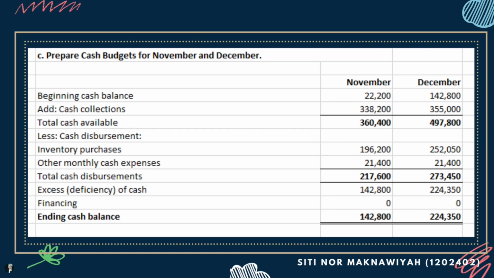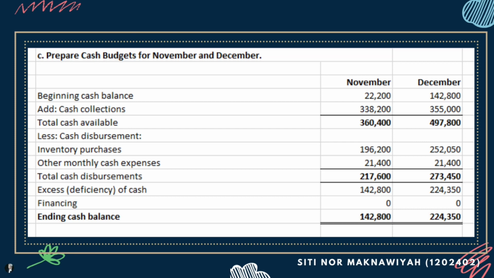Okay, next for December, we can drag the ending cash balance for November to the beginning cash balance for December, which is 142,800 ringgit. And then add cash collection, which we can get from the question. If we add those amounts, we get the total cash available for December. Then the next step is to less cash disbursement, which is inventory purchases for December.